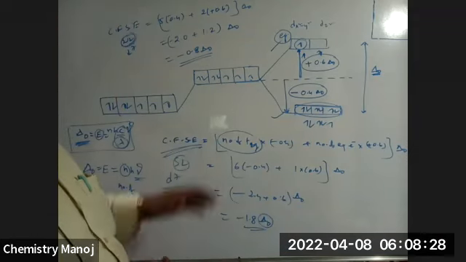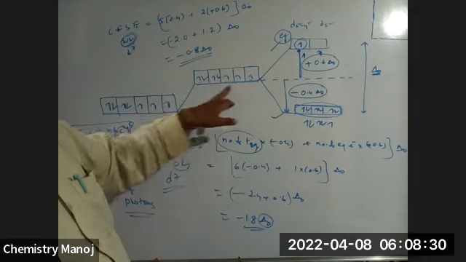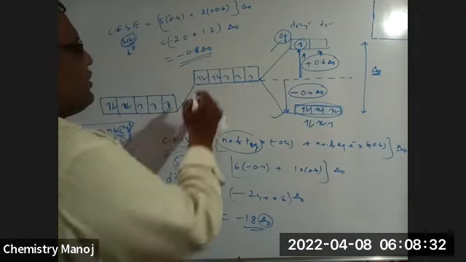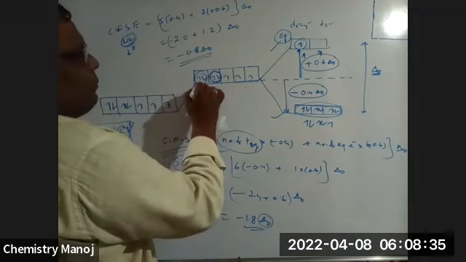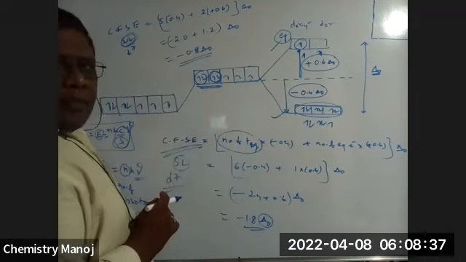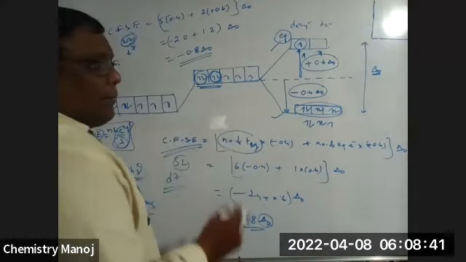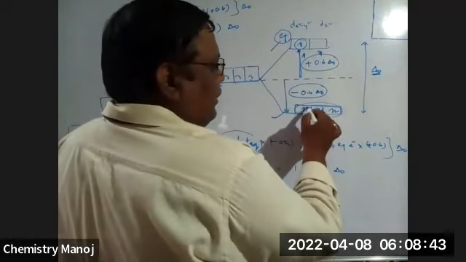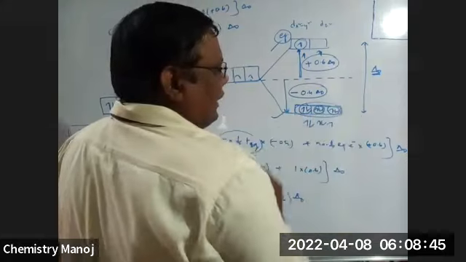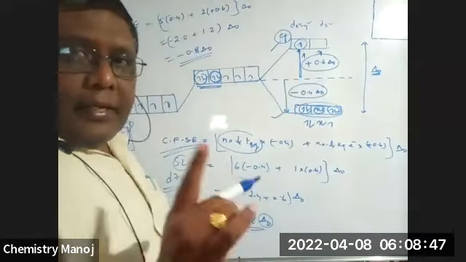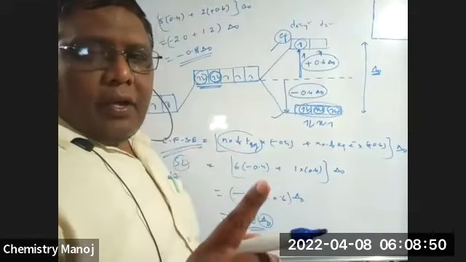See here, the d7 configuration is this one. How many pairs of electrons are there? Already 2 pairs. That is the actual number of pairs of electrons. But with a strong ligand, 3 pairs are there. How many are in excess?